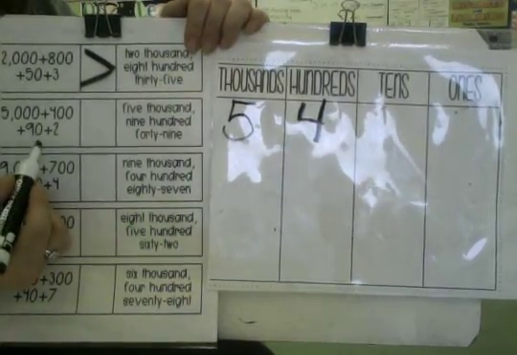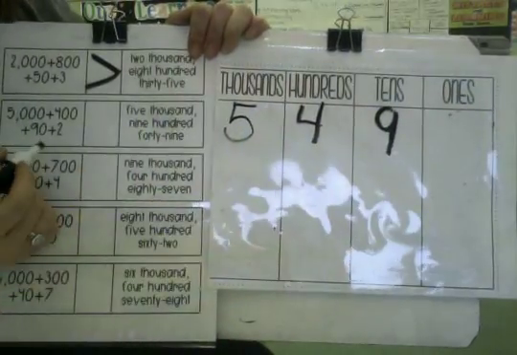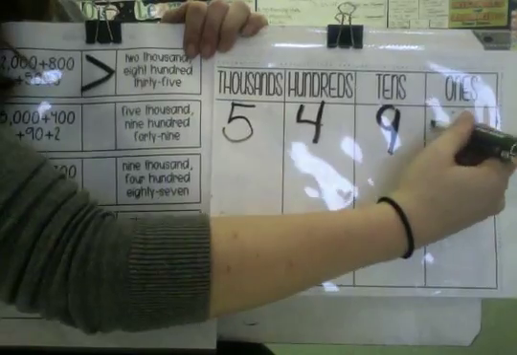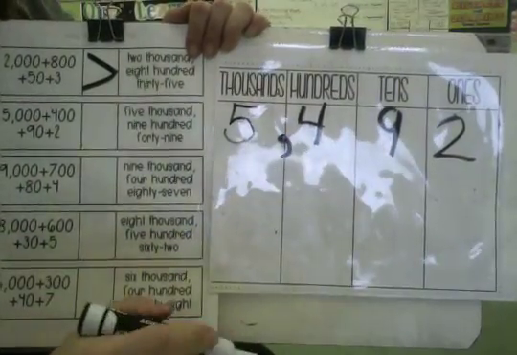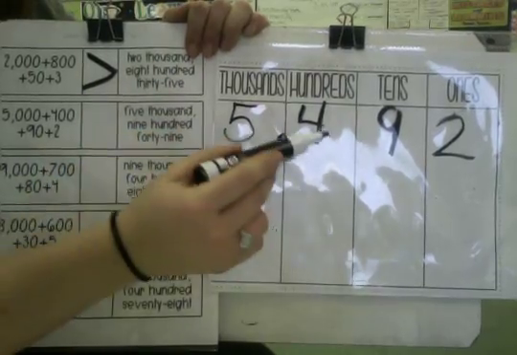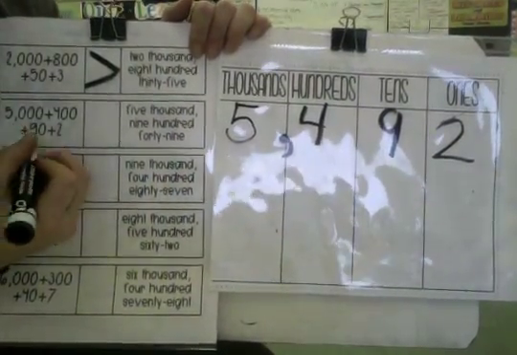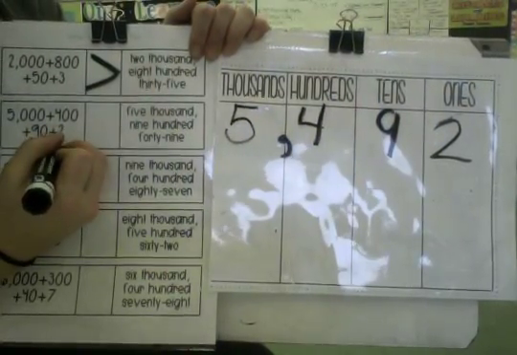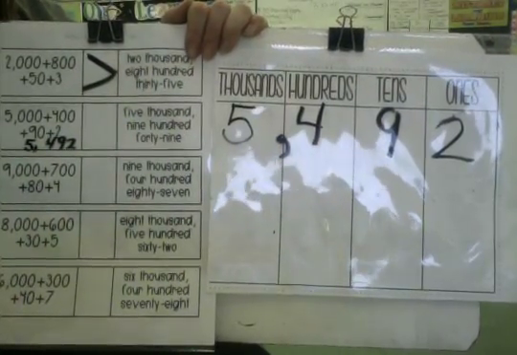Yep, there's 90 there, so that means 9 units of 10. And then how many ones do they have here? 2. Very good. So that's the number 5,492. Put your comma. Even if you want to write that real small underneath, you can do 5,492. Put that right underneath if you can do it small.